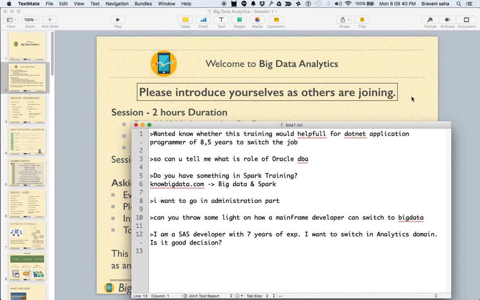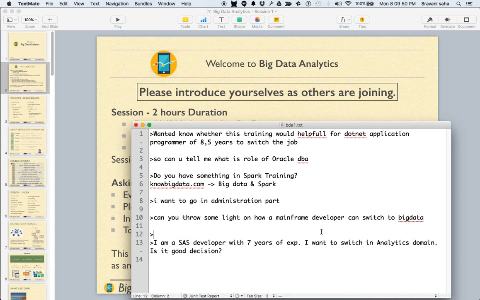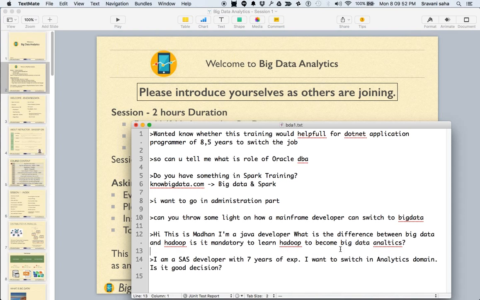We have a question from Madan. I'm just pasting the questions here so that we all can see. Madan is saying, hi, this is Madan. I'm a Java developer. What is the difference between big data and Hadoop?